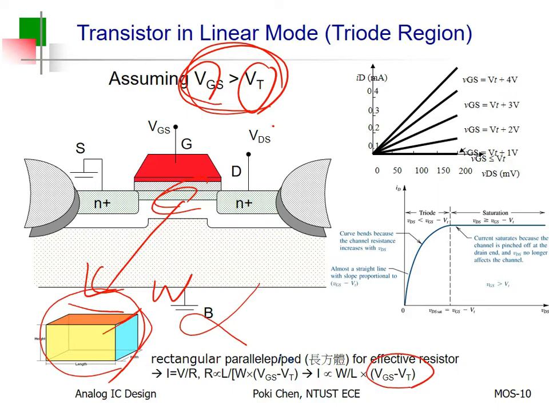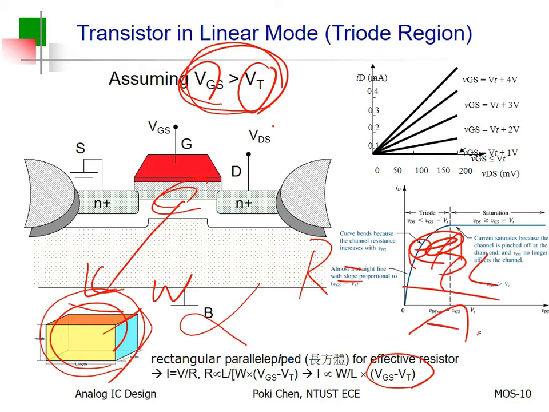So overall, how about the resistance? Again, I told you, the channel itself dominates the conductivity, or dominates the resistivity. So what is the resistance of the channel? What is the conductivity? According to the resistor formula, I mentioned it last week already, it looks like this.